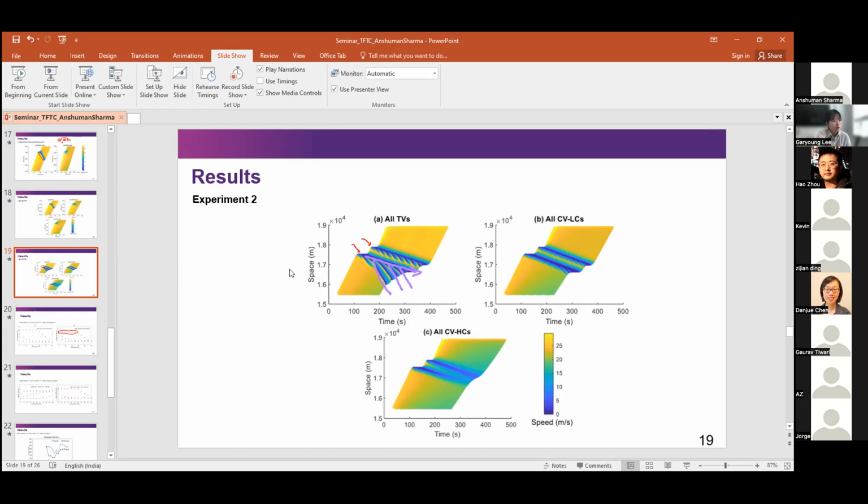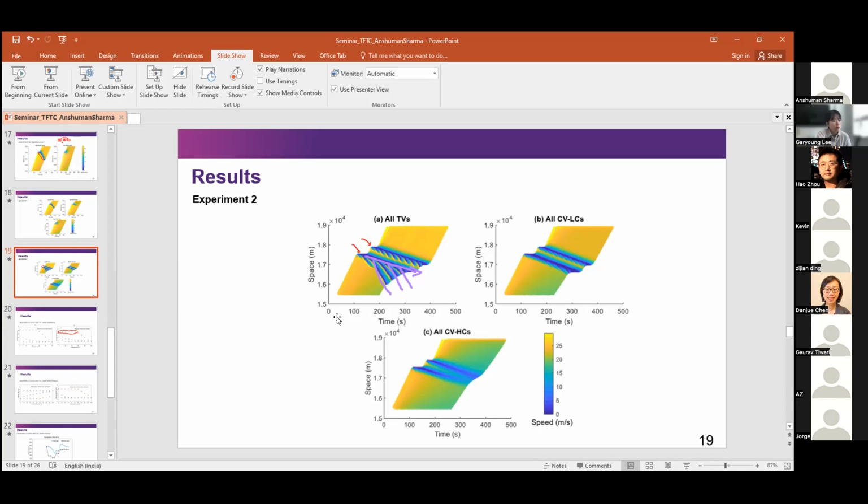Because the time gap is large, that's one of the reasons why they are able to diminish the effect of these decelerations. Oh, I see. But then it means that their throughput will be smaller, right? Because you have a larger time gap.